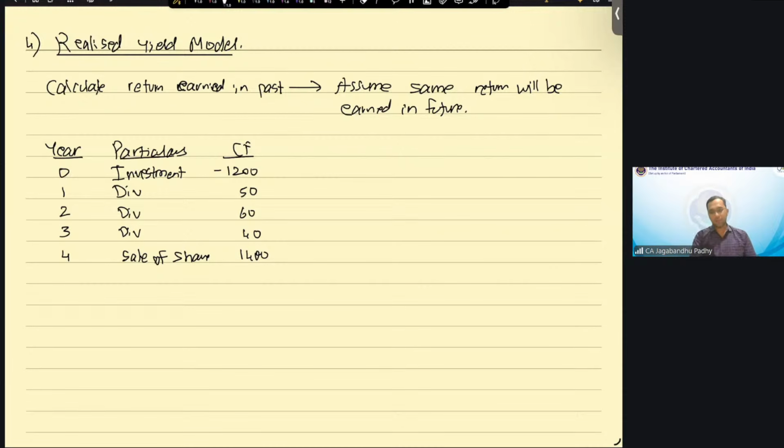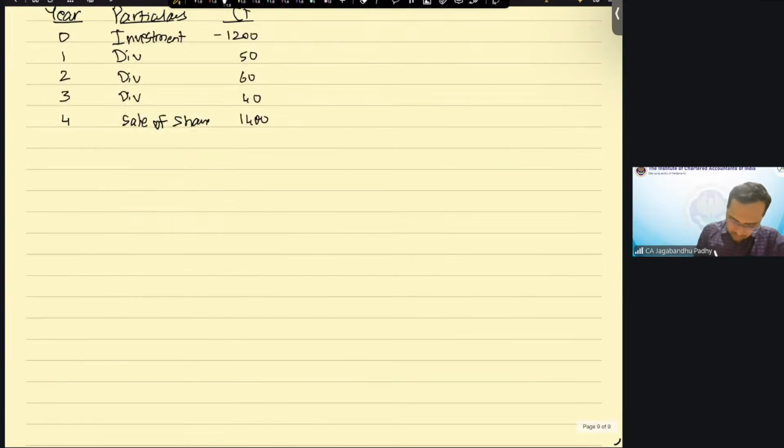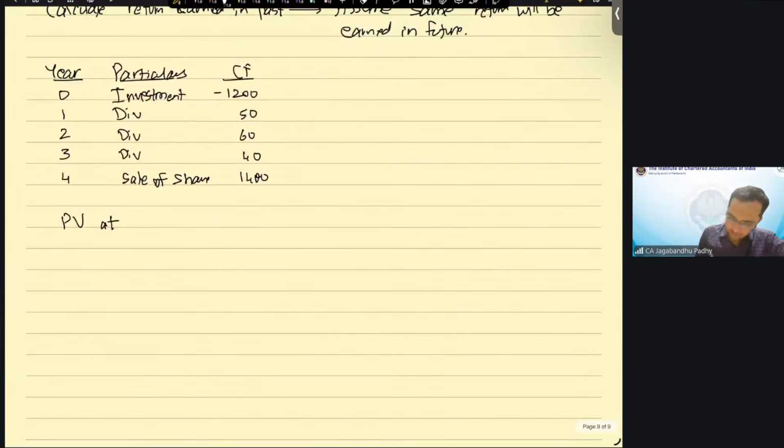So can we calculate the rate of return that we have earned over here? Can we calculate the rate of return using the same YTM method that we have used in the previous session? So just assume, first let's try to get the present value at, let's say, 10%.